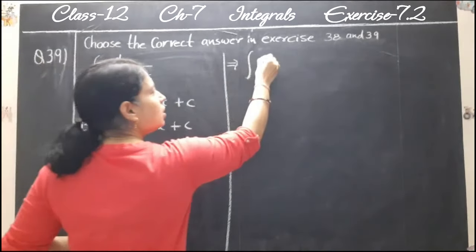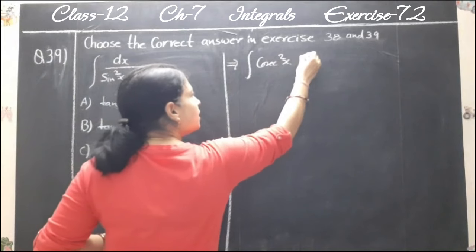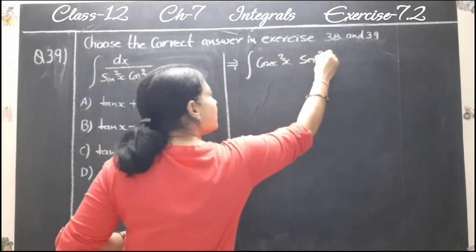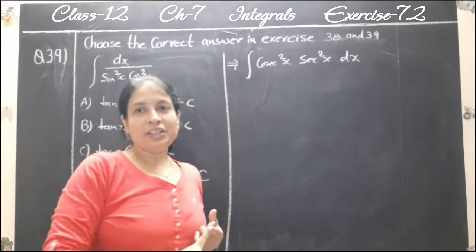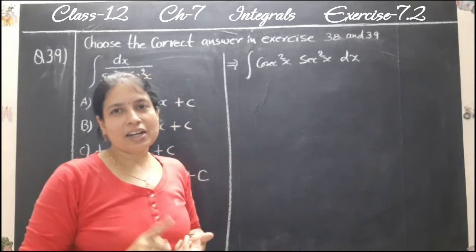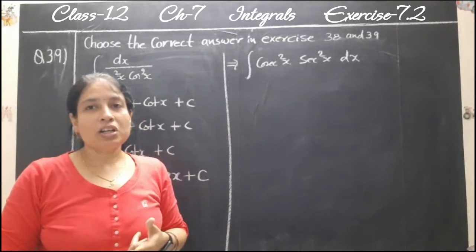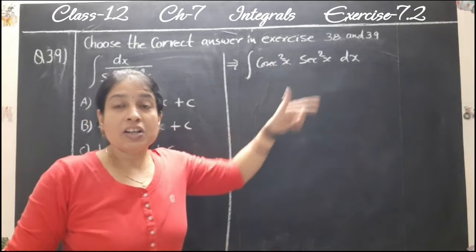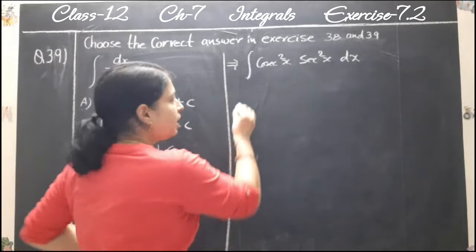So it will be the integral of cosec square x into sec square x dx. We know the formula of the integral for cosec square x and sec square x, but here we cannot use that formula because they are not separate. So first we try to make them separate.